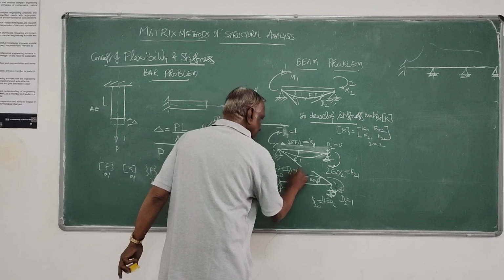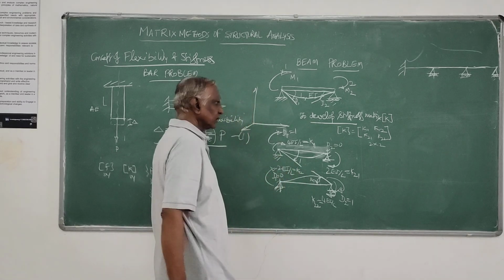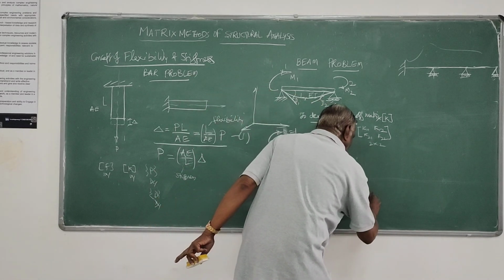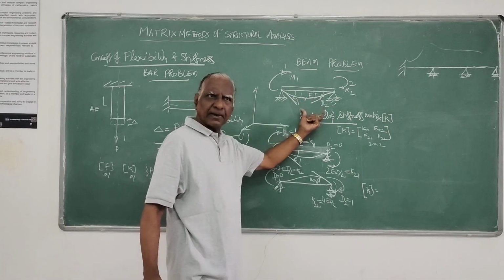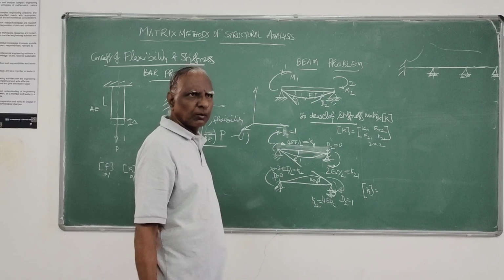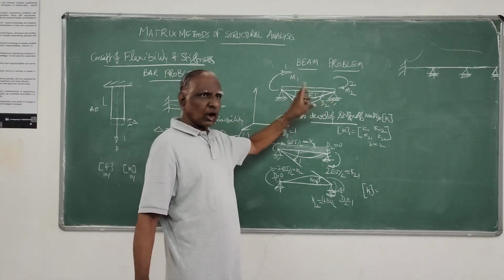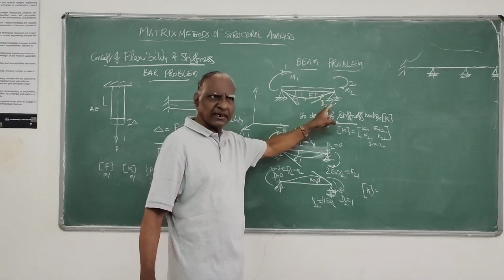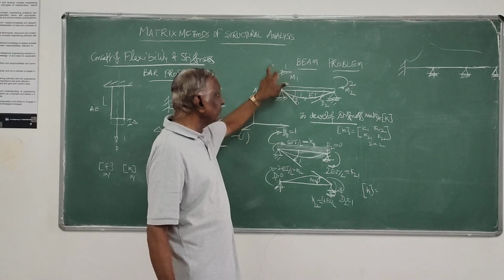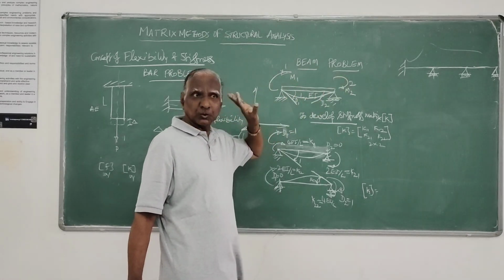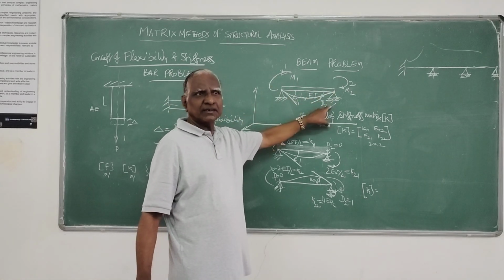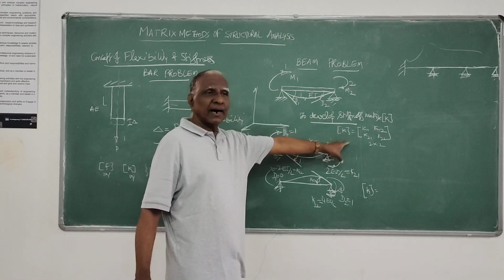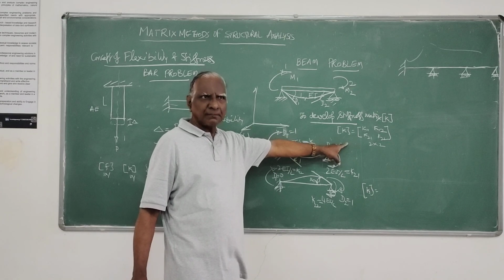So this has to be K12. So therefore now I have generated the stiffness matrix of this beam element corresponding to known moments M1, M2 and unknown displacements T1, T2, relating T1 to M1 and T2 to M2. These forces I am relating with the displacements by this stiffness matrix.